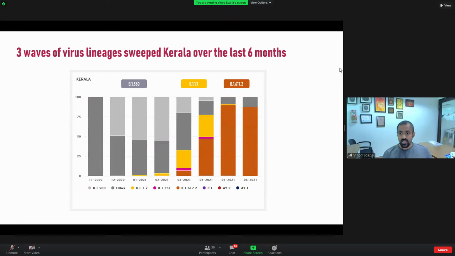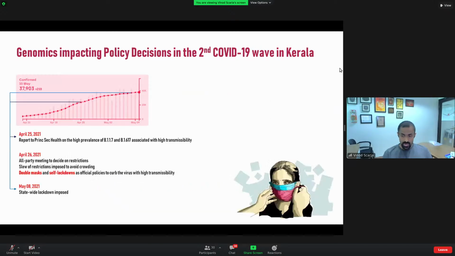Now, briefly speaking, and compressing all the data for the last 6 months, Kerala has seen 3 lineages which came in waves. One is the D1.560, which came early during the Jan and Feb months, which was followed by the B.1.1.7 or alpha, and which was later followed by delta in close succession. So in other words, not just understanding the spread of the virus over time, this can also enable implementation of policies.